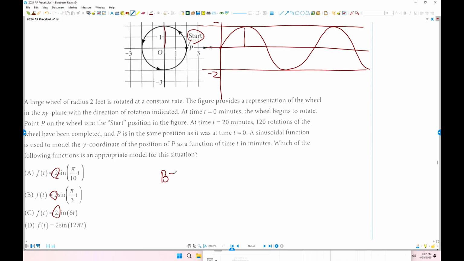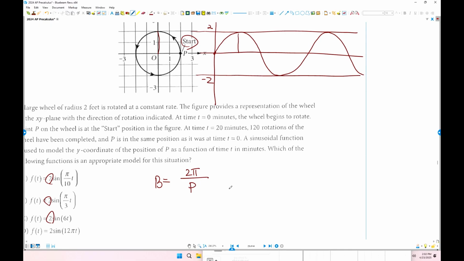What is the B value? B value is 2 pi over the period. Where is the period? In 20 minutes, they got 120 rotations. Period is only one cycle over here, right? So divide by 120 rotations.